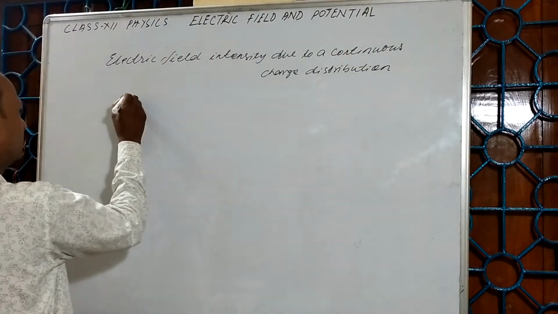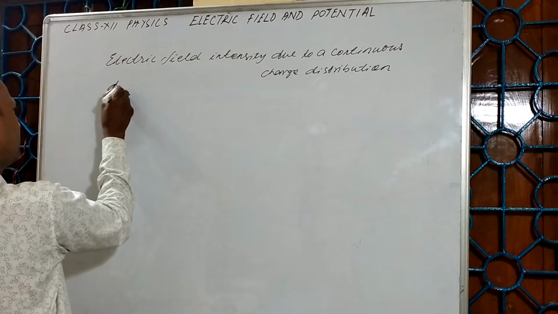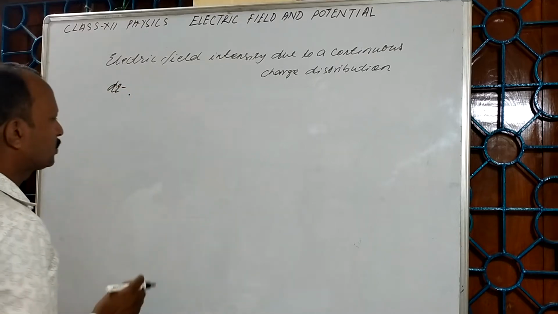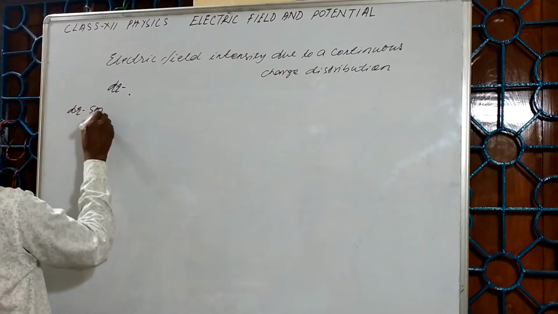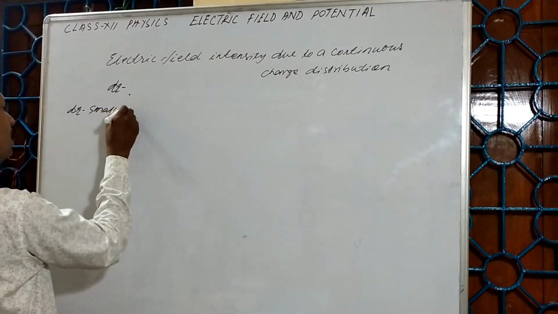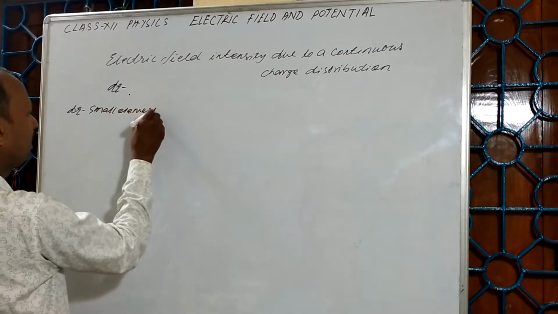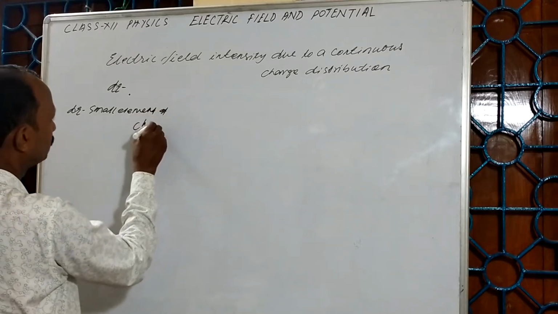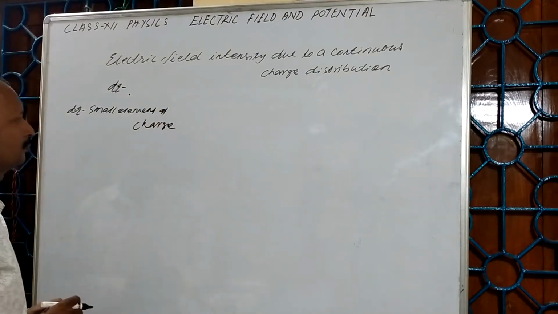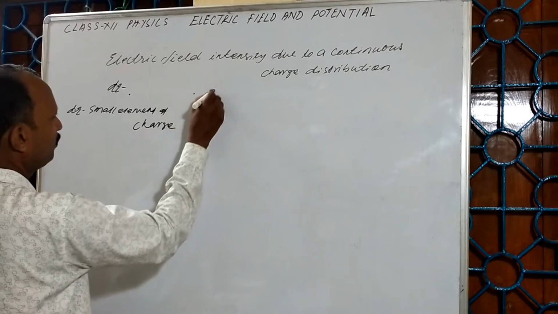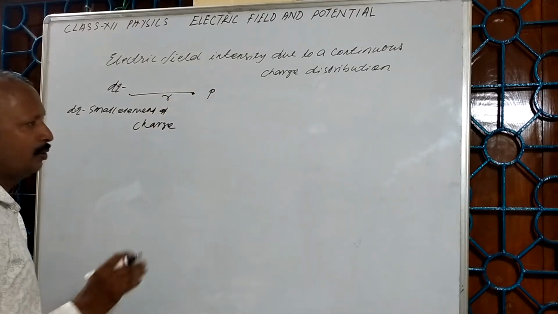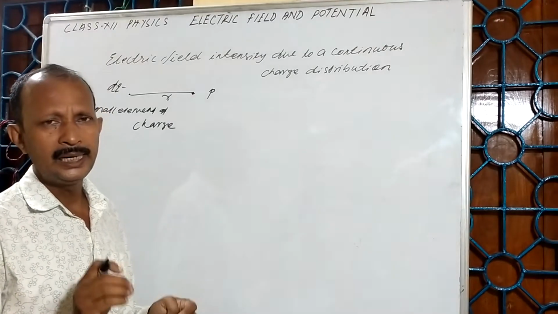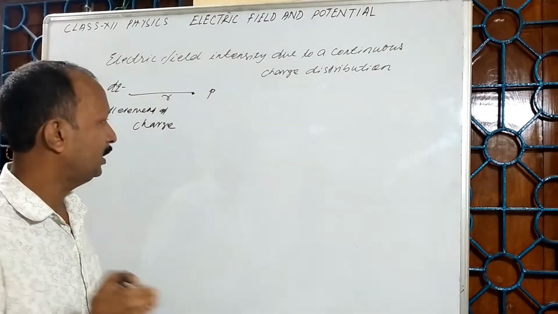For example, here dq is a small element of charge. At this point P, which is at a distance r, I want to find the electric field intensity.